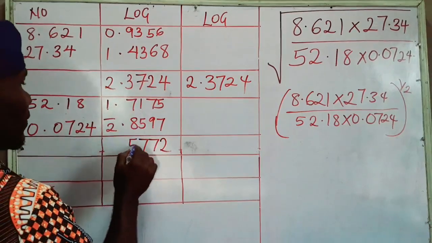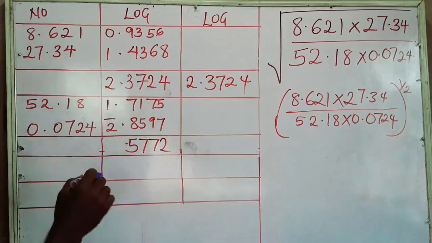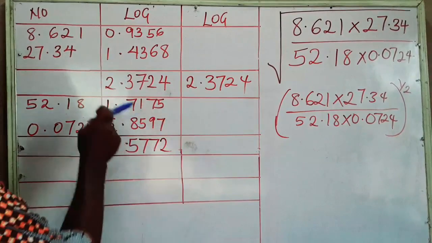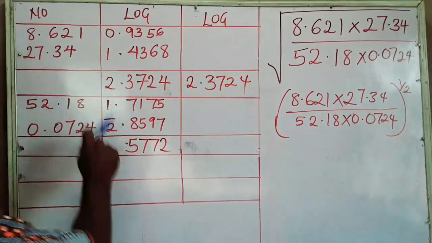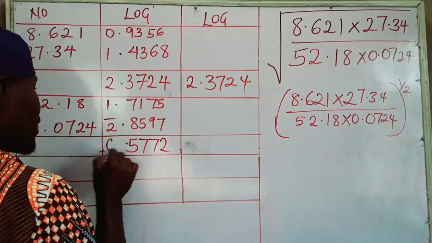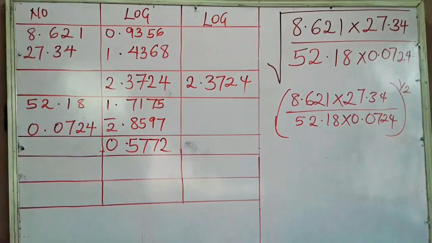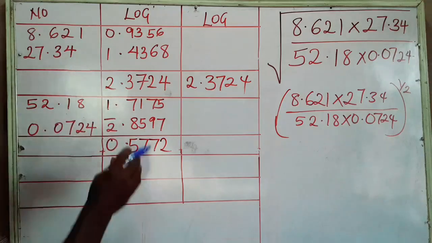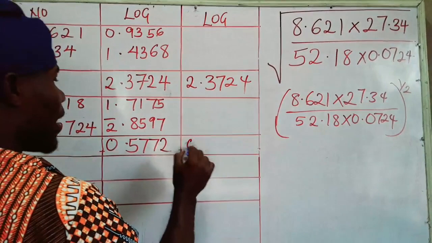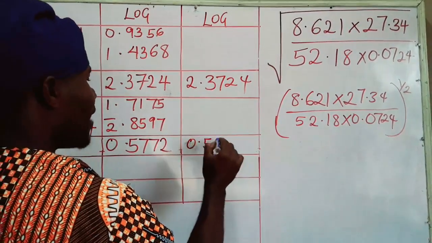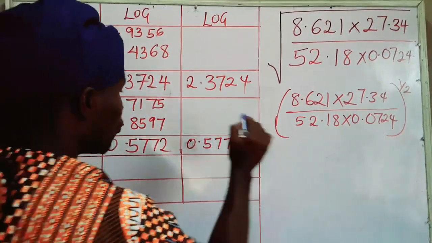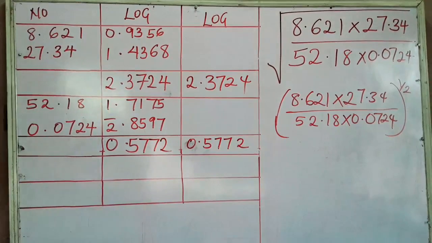We write 5, we keep 1. 1 plus 1 will be 2. So 2 plus bar 2 will give us 0. This is all the logic. So we have 0.5772. So the bar 2 has been negated, so we write it on the other side here. We have 0.5772.